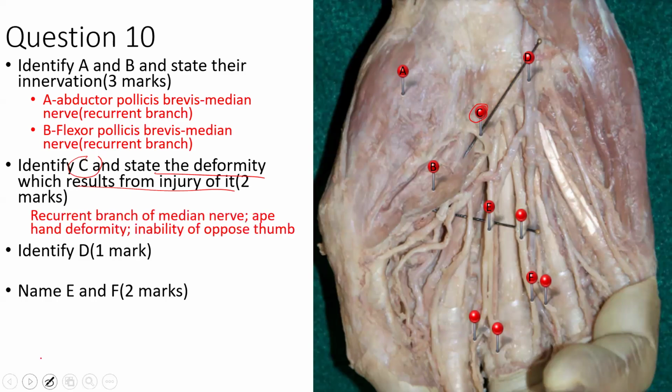Please go find out. Students will be asked, if you injure your ulnar nerve, what is the deformity? They will tell you ulnar claw hand. Now ask them to define that ulnar claw hand, how does it present? And you'll see wonders.